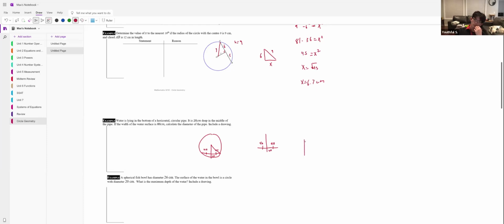So you have two right triangles, right? This is 40, this is 20, and 40 squared is 1600, and 20 squared is 400, so that gives you 2000, so this is root 2000. That doesn't really help, does it?